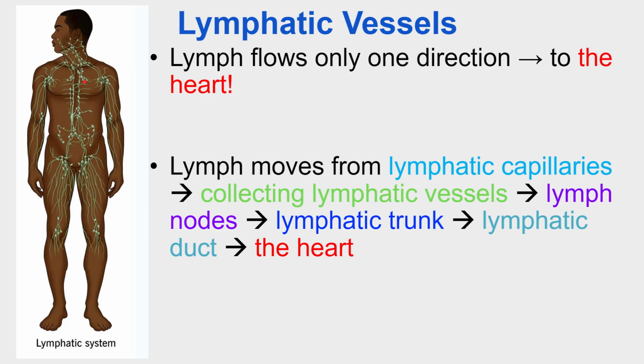Lymphatic duct, I think, is what it's called. We're only really focused on the thoracic duct because it's kind of the big deal. But the thoracic duct is the one that kind of collects all of the stuff that was delivered through the trunks, and the other duct is collecting everything that was on the right side of the body.